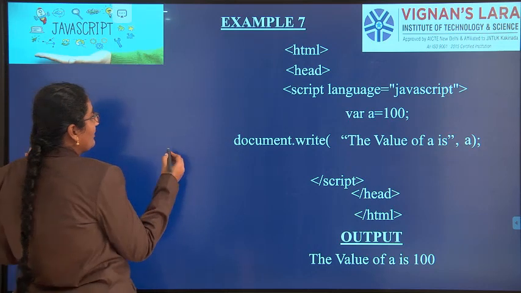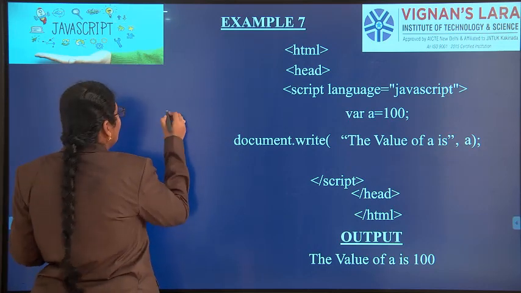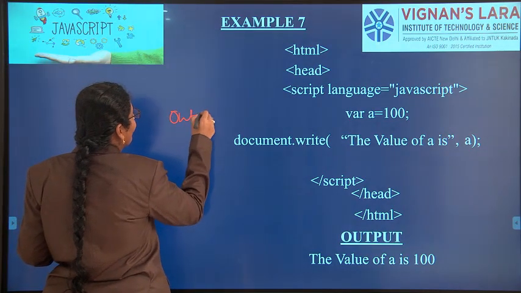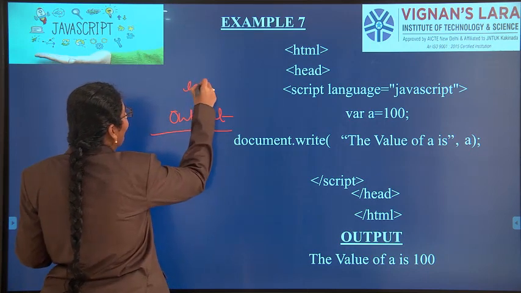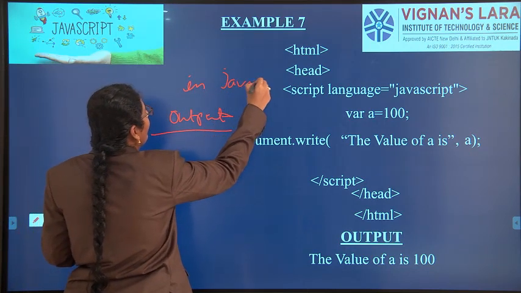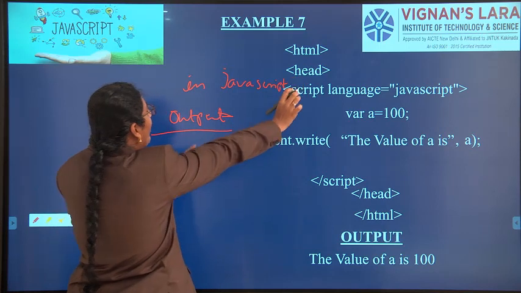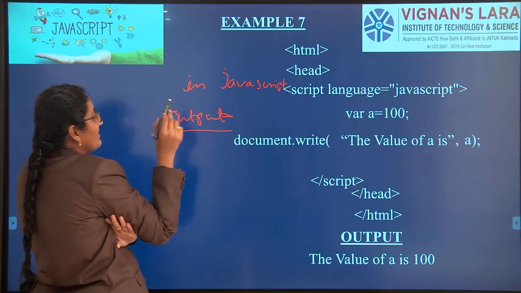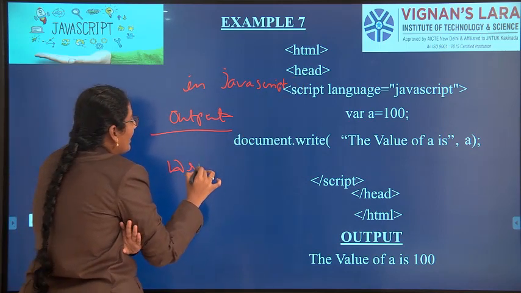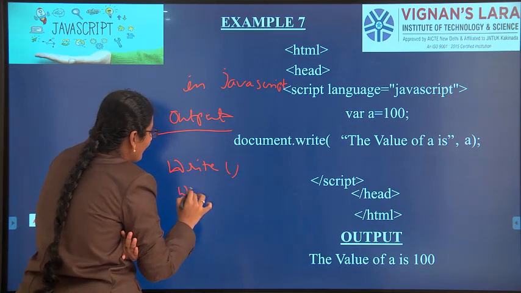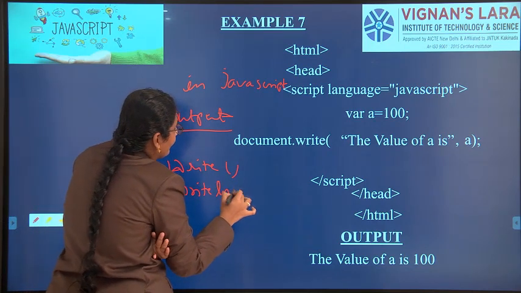This is about output. For giving output we have two methods. This entire thing is about output in JavaScript. So whatever we talked till now is in JavaScript and about output. For output we have the write method and the writeln method.